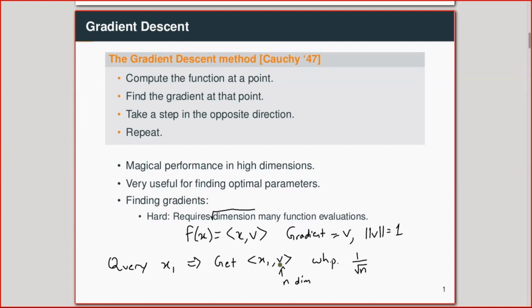And you can do the calculations, you will need square root of n queries in order to learn an approximation.